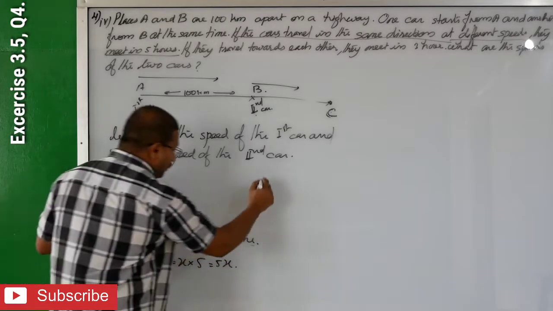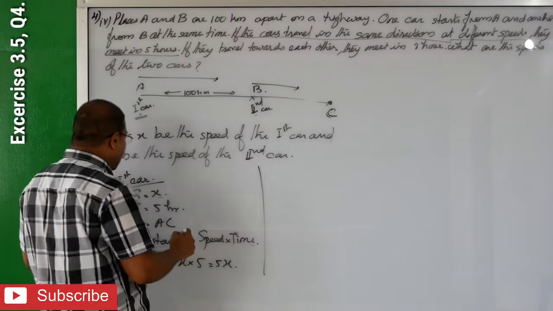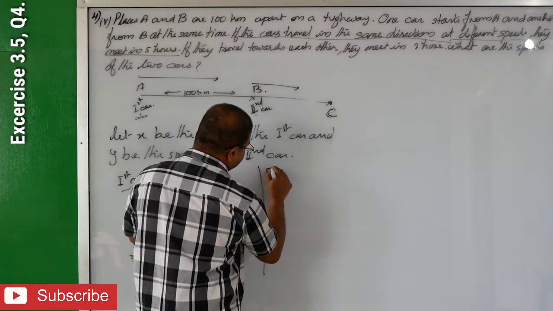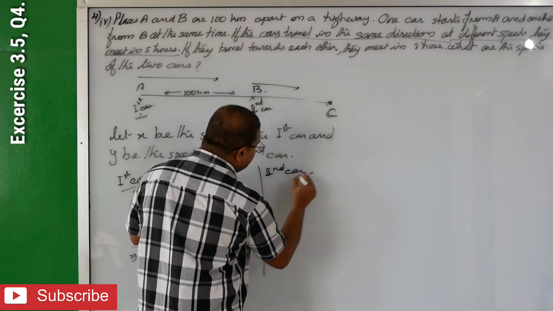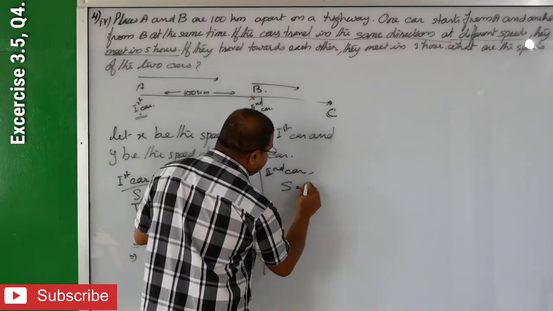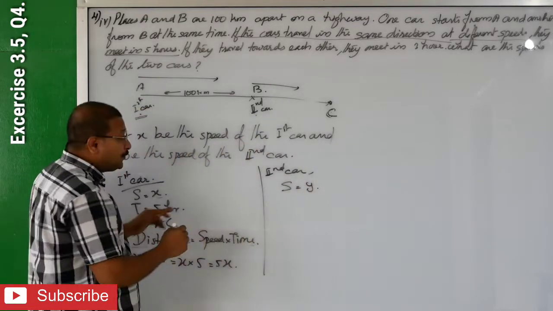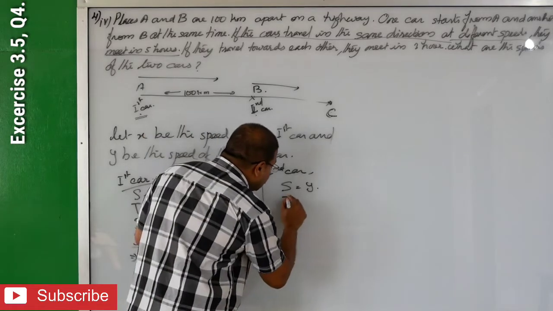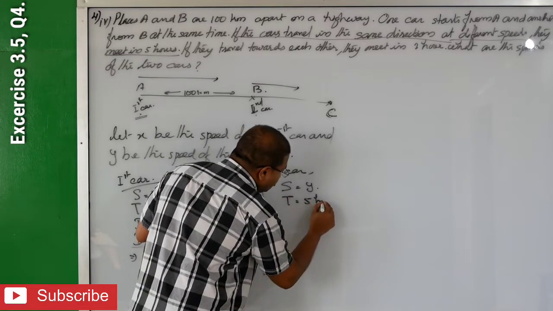Ready? Now, when you come to the second car, what is the second car's speed? Speed is y, and of course, the second car took 5 hours.